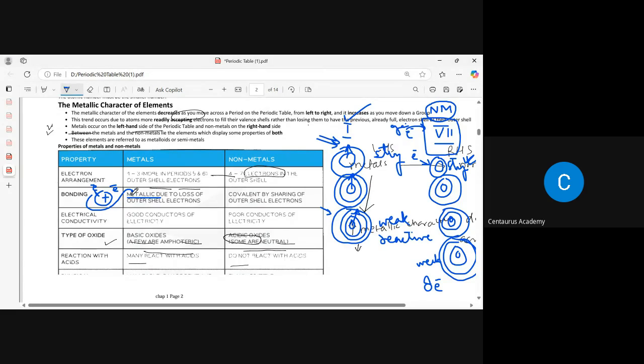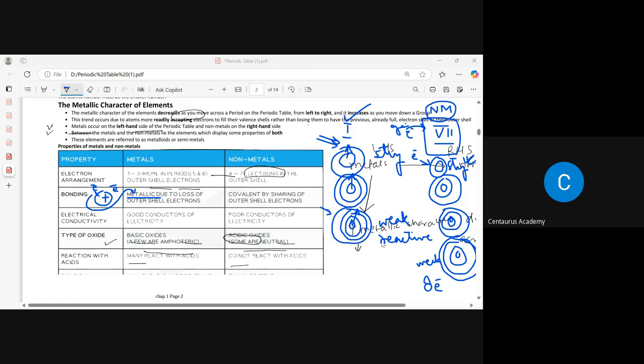Now, for instance, if I say group 1, group 2, and group 3, all of them are metals, right? But how do we determine which metal is going to have a greater characteristic of metals, or in which group the elements will have strong metallic bonding?